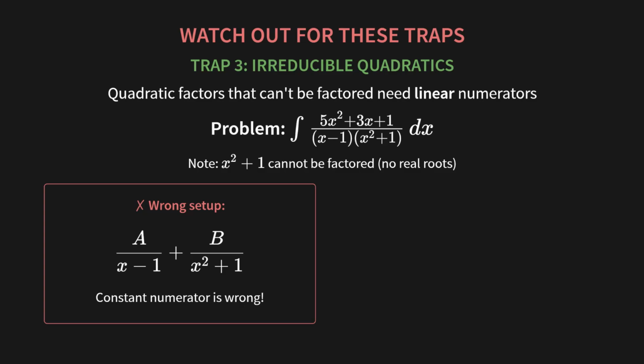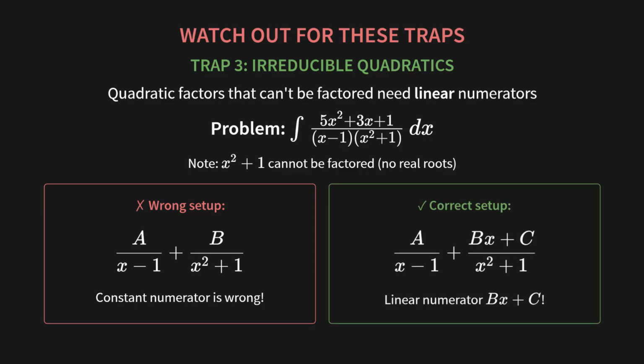So this setup is wrong: A over (x minus 1) plus B over (x squared plus 1). That constant numerator is the mistake. The correct setup is A over (x minus 1) plus (Bx plus C) over (x squared plus 1). You need that linear numerator, Bx plus C. Keep these rules in mind and you'll be unstoppable.